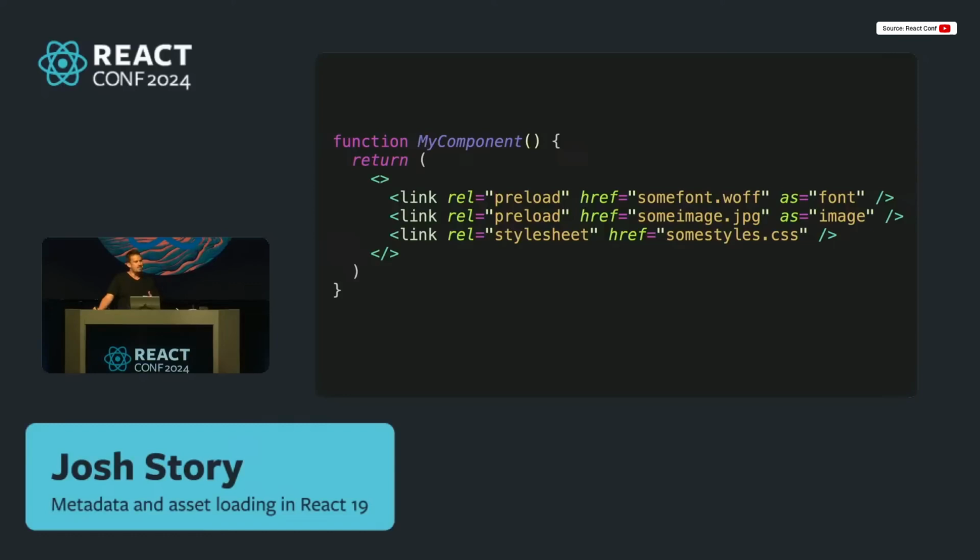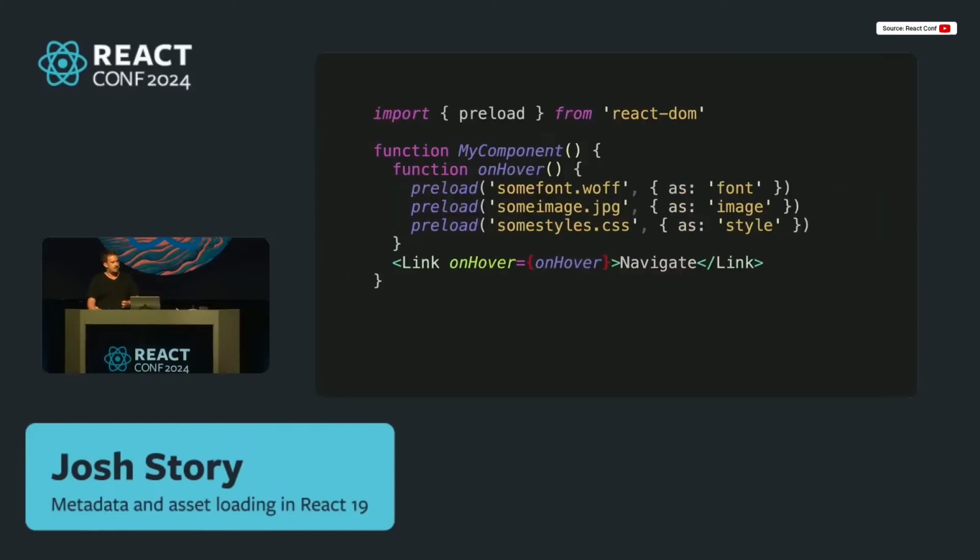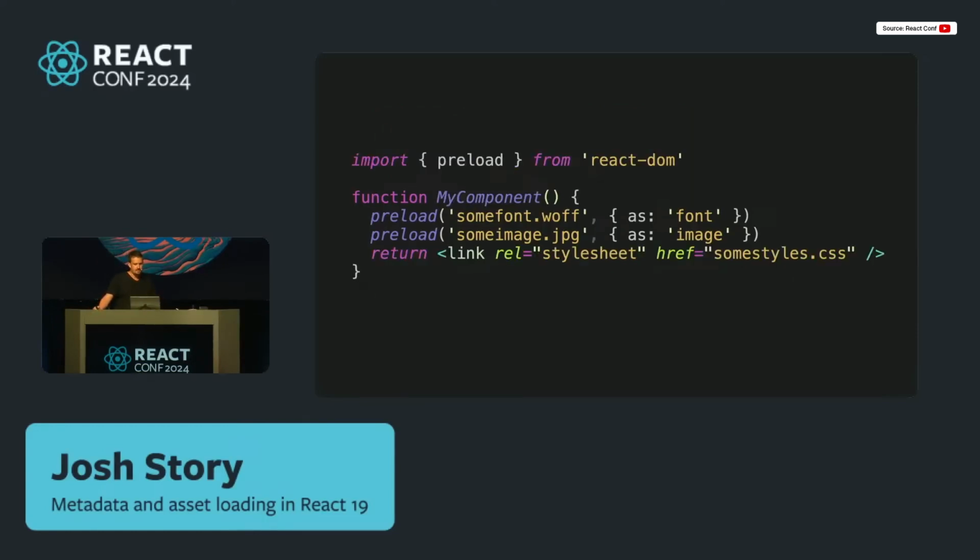However, rendering isn't the only time that hints like this would be useful. For instance, you may want to start preloading on navigation intent, like a link hover. But there's no rendering going on here. So instead, we modeled hints as side effects using an imperative style API. And you can use the same composable API from within your components as well.